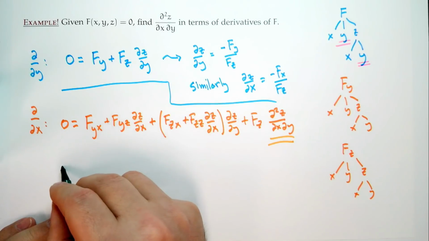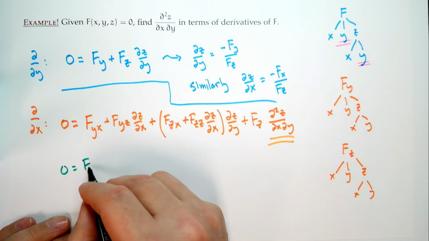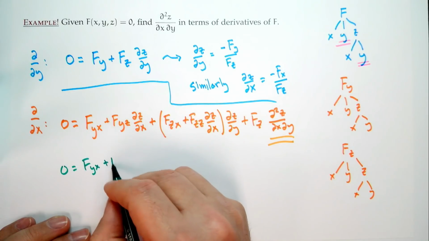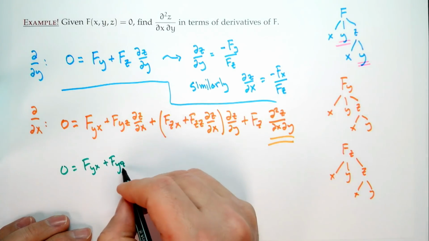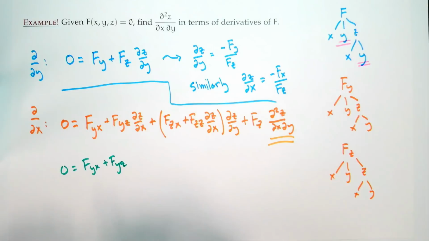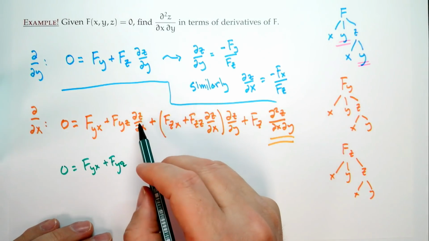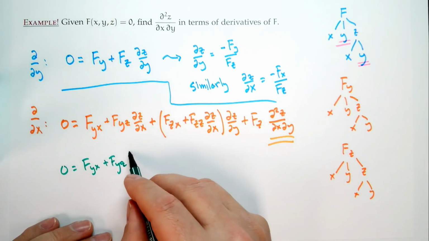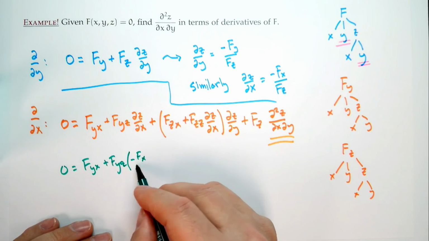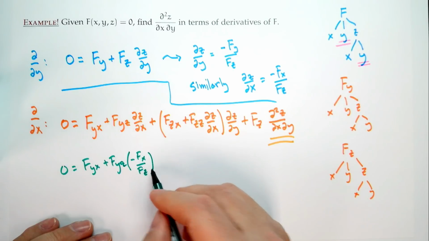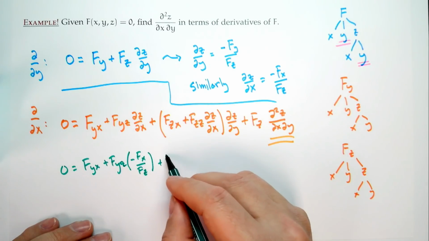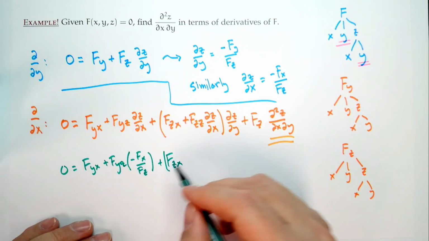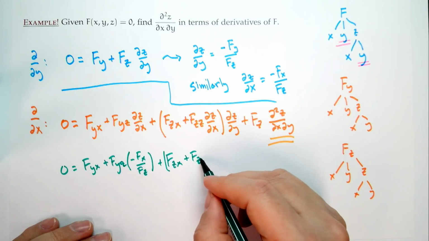So you have 0 is f y x plus f y z. And these terms are okay because they're derivatives of z. But now partial z partial x. Well, here's where we go back to what we know. This is minus f x over f z. Okay, plus f z x plus f z z.